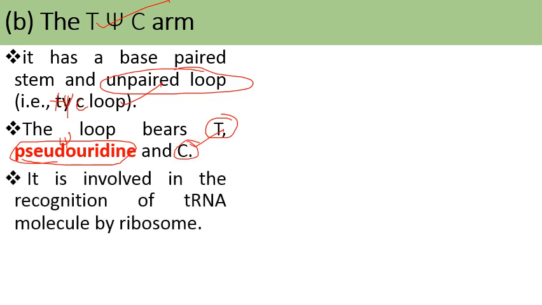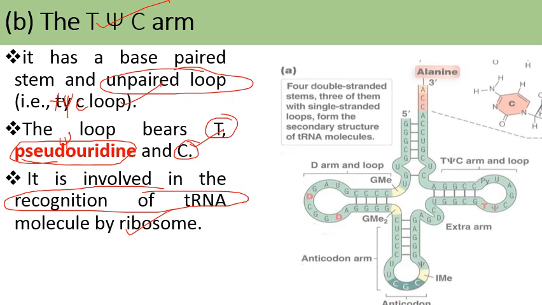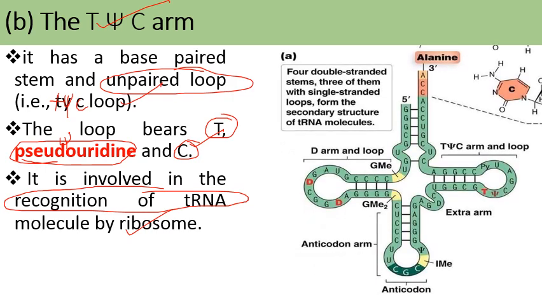It is involved in the recognition of tRNA molecule by ribosome. So इसका जो काम है ये arm help करती है recognition by ribosomes. So this T-C arm, here the psi represents the unusual base, that is pseudouridine. It helps in recognition by ribosomes in the cytoplasm for protein synthesis.